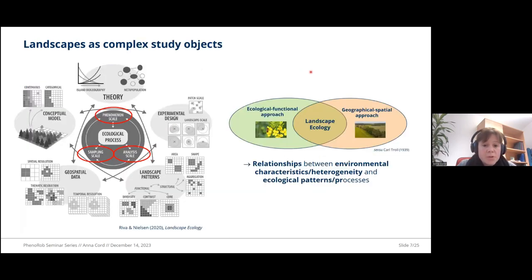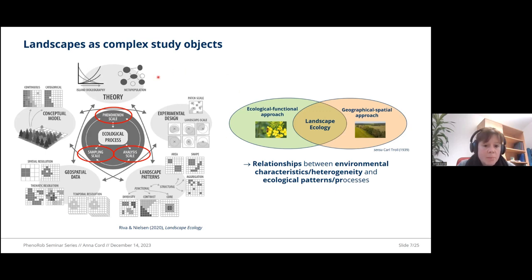Landscapes as study objects are really complex, and this is where landscape ecology is based, which is my disciplinary home, where we combine an ecological functional approach to study what happens. So which ecological patterns and processes can we identify? How can we understand them? How can we model them? And then the geographical spatial approach, which looks into the environmental characteristics and heterogeneity.